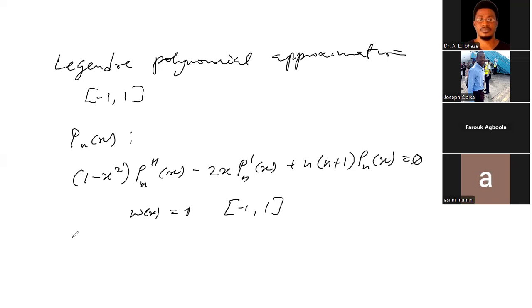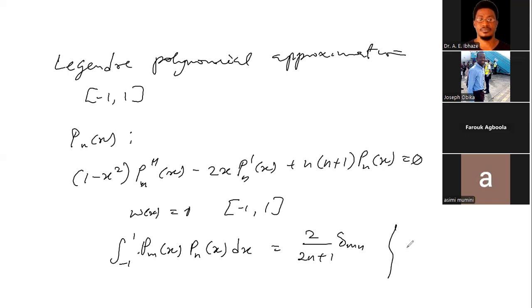So in this case, we now have the inner product, the integral from -1 to 1 of P m of x, P n of x dx, which is the same as 2 over 2n plus 1 times delta mn, where delta mn is the Kronecker delta.